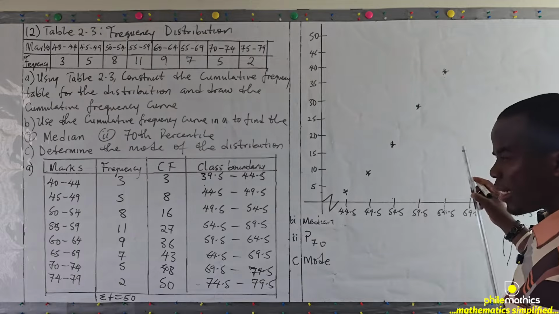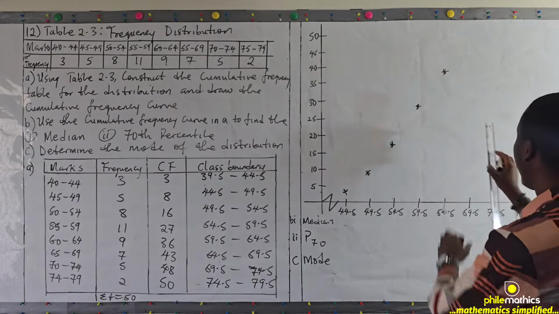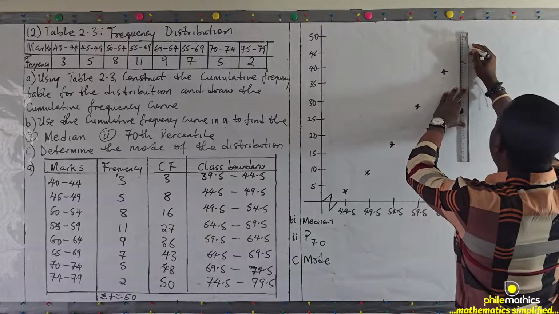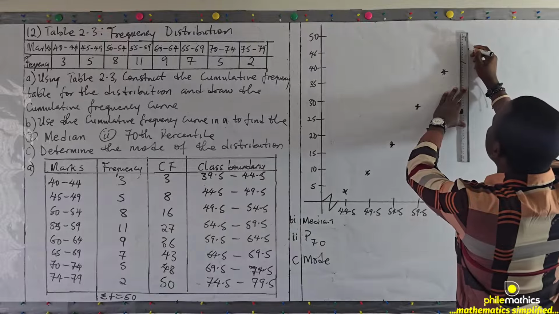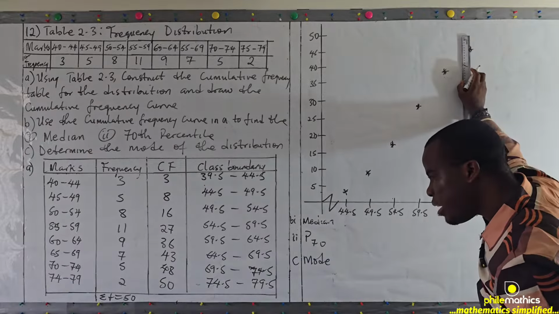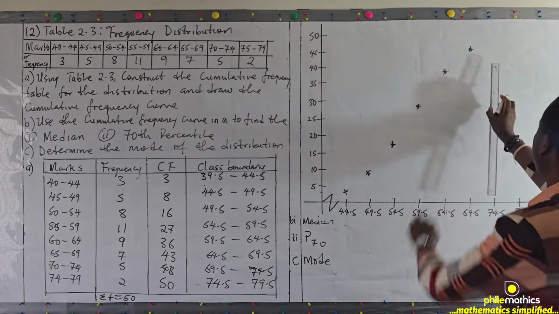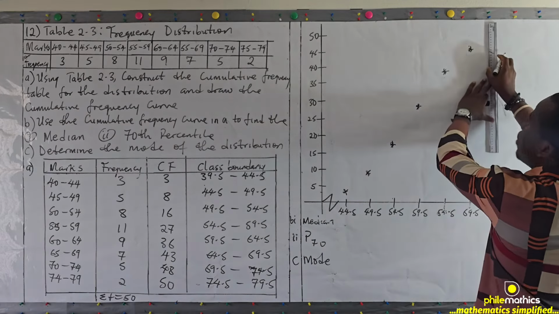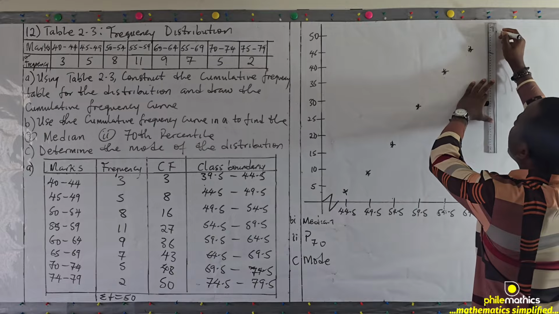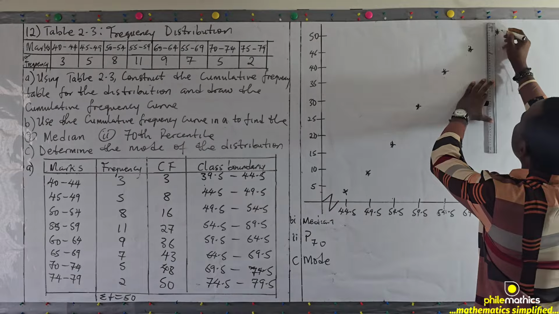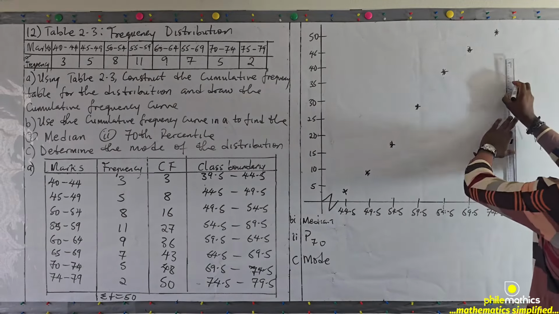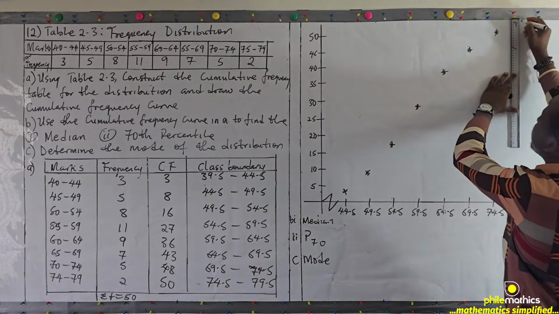At 69.5, we have 43, which will be a little bit above 40. At 74.5, we have 48, above 45. And at 79.5, we have 50, which is our final point.